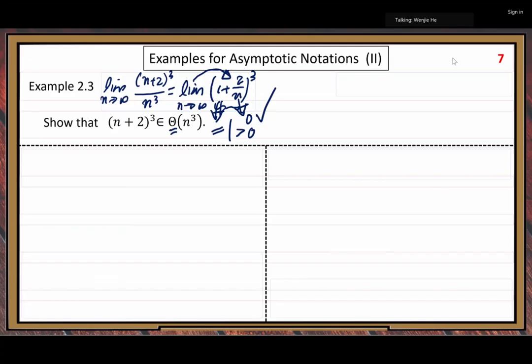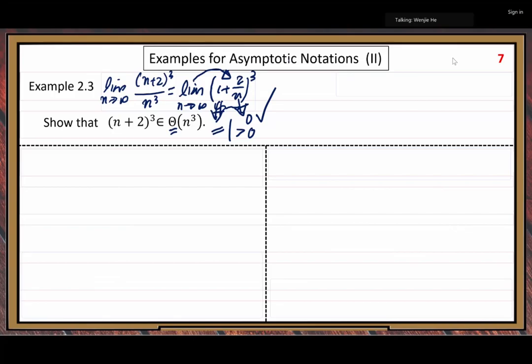But here, let us use the definition of the big theta to do another, different proof without using the limit method. All right, I hope you still remember the definition of the big theta asymptotic notation.